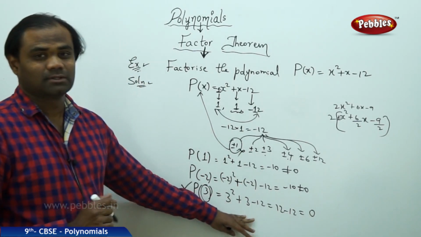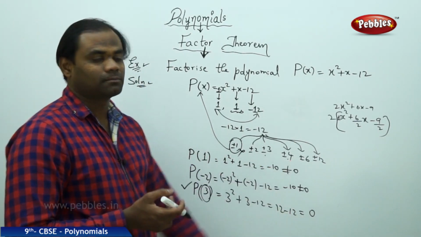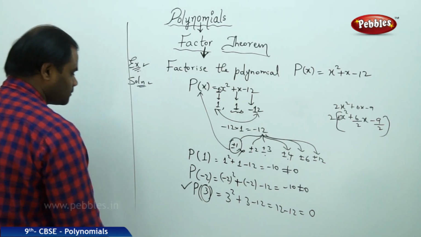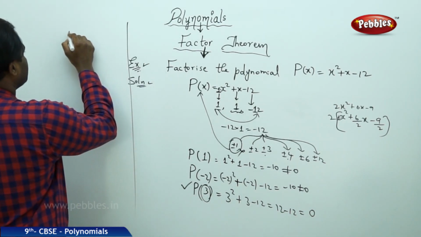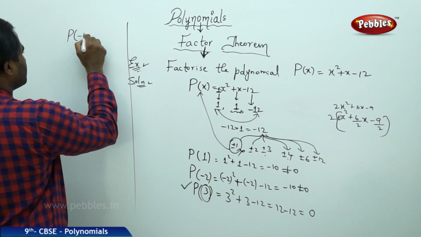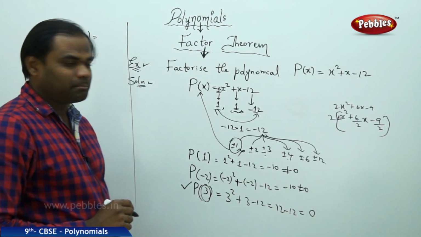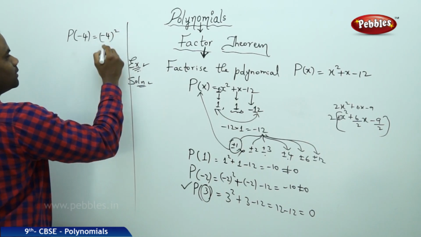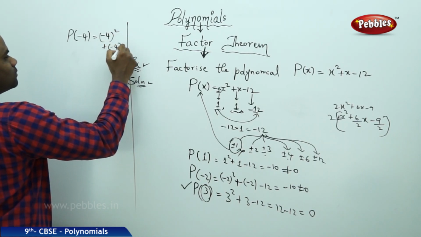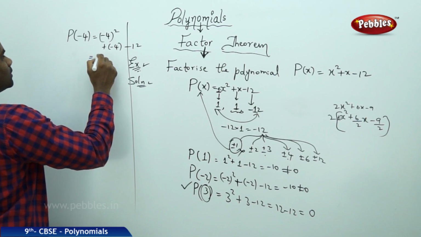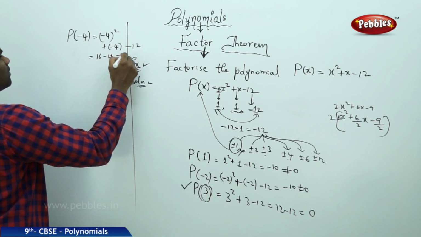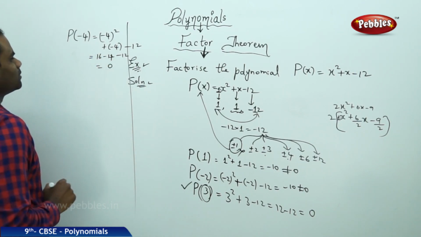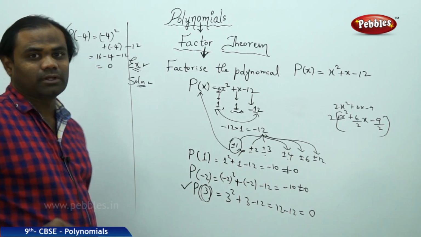So I pick this. Next, let me try with minus 4. So when I pick minus 4, I get minus 4 whole squared plus minus 4 minus 12. 16 minus 4 minus 12 is 0, and therefore even minus 4 is picked.